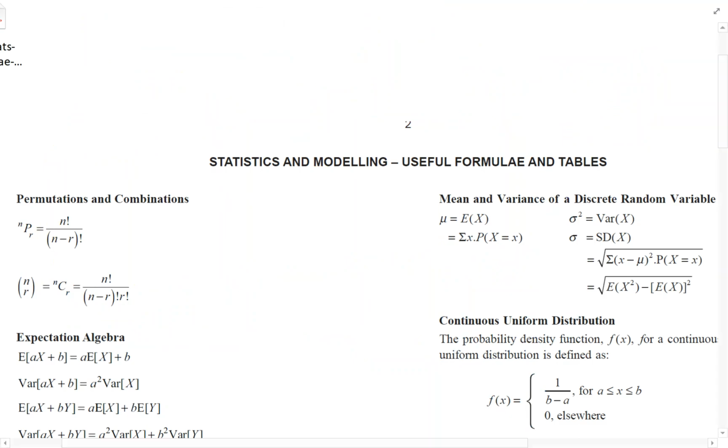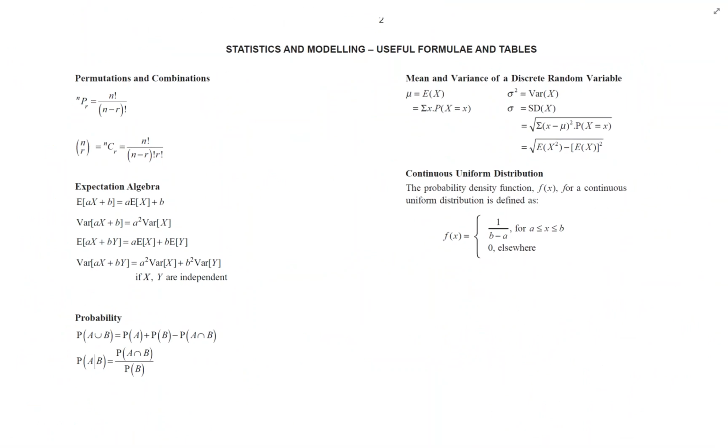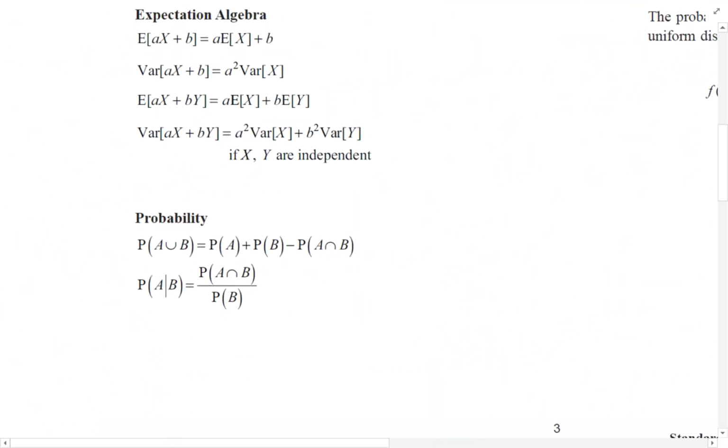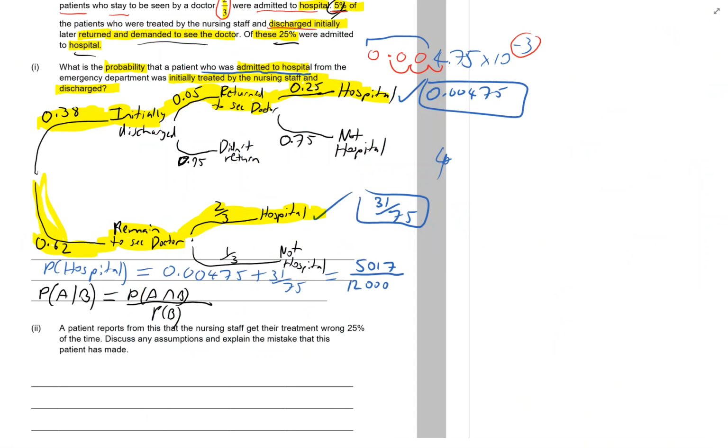If we go to our formula sheet and look at the formula for conditional probability, it's down here. Okay, this is how we want to do it. So we're going to copy down that formula for a start. So the probability of A happening given that B happens equals the probability of A and B both happening divided by the probability of B.